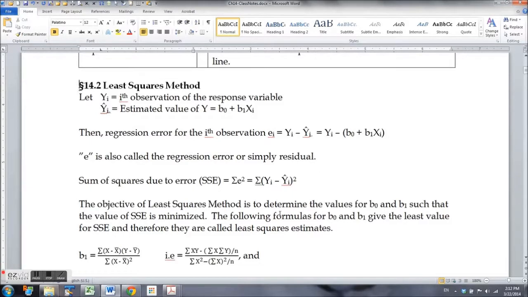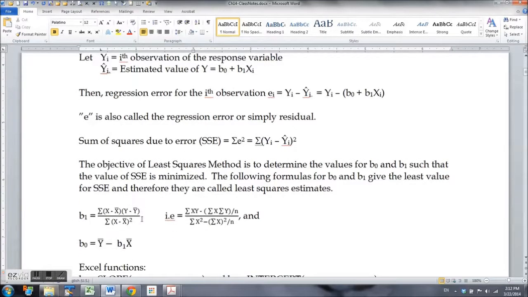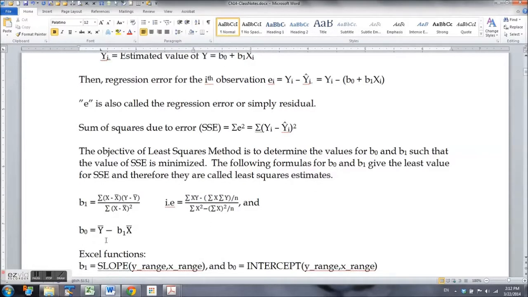The b sub 0 and b sub 1 values minimize the total SSE. The formula is given by b sub 1 like that, or it could be this. They both give exactly identical results; they're just written in a different way. And b sub 0 is given by this formula.